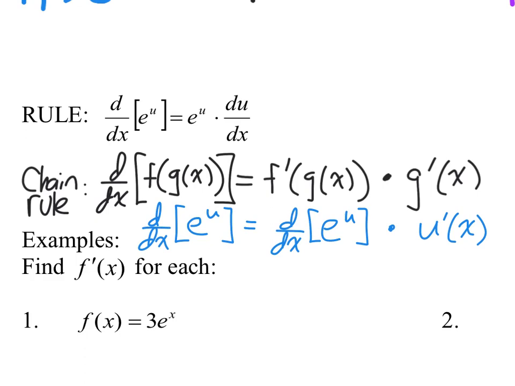We know that the derivative of exponential e would be the exponential e itself. And the alternative notation for this would be du dx.